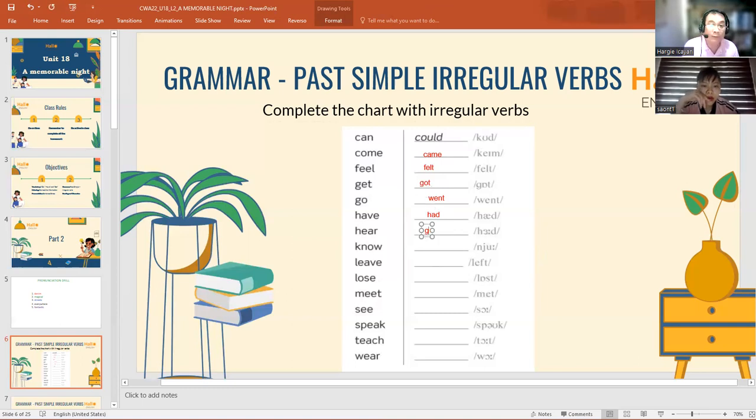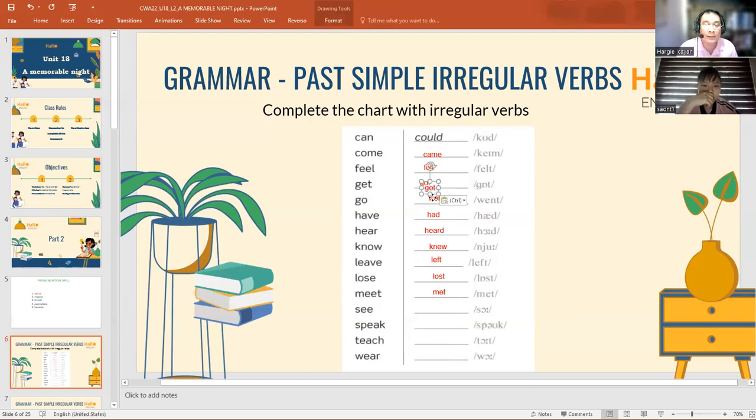Next, know: knew. Then leave: left. Then lose: lost. Then meet: met.